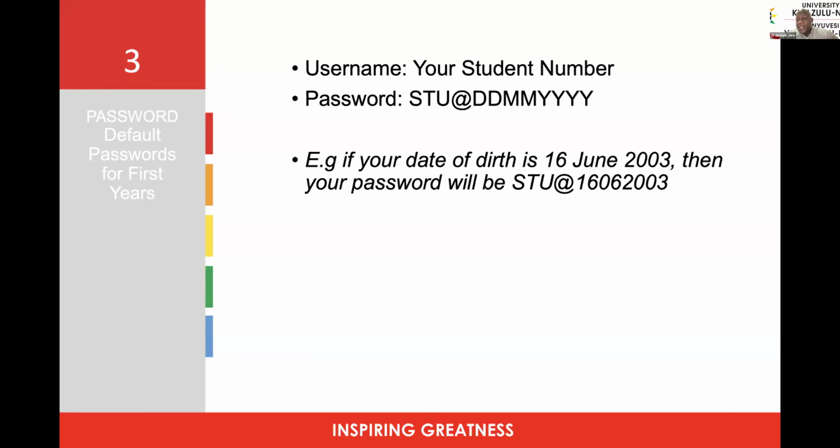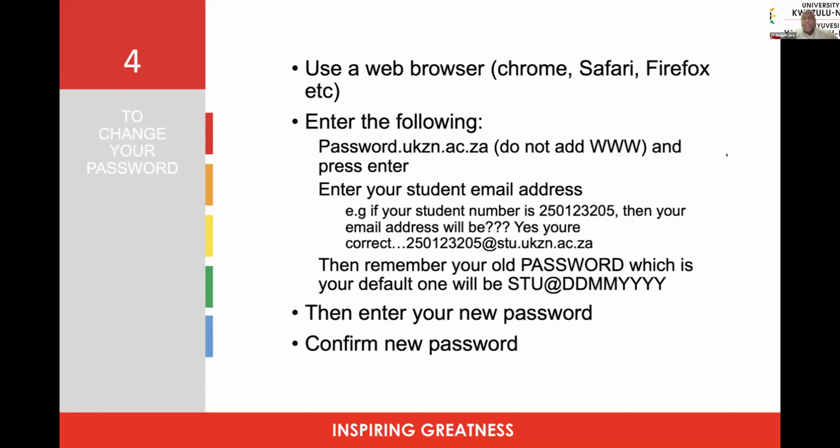Okay, so that's what the other part of your password is going to be. Remembering that the first part, the Stu, represents your student number. So you're going to put your student number and then you're going to say at 16062003 to represent June 16, 2003 as your birthday. Okay, so let's also move on.